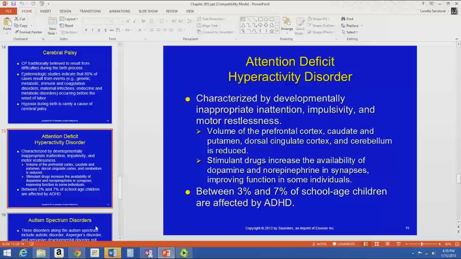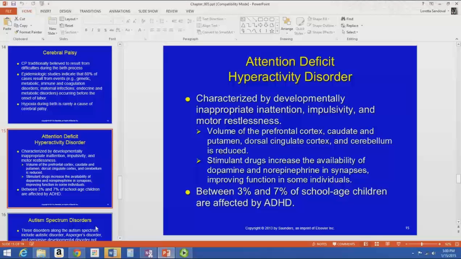So that's interesting. When all that feeds in, there's less dopamine and norepinephrine available for mental function. And so the drugs used to treat ADHD are stimulant drugs, and they work by increasing the availability of dopamine and norepinephrine in the synapses. And that improves function for some people. So I thought it was pretty interesting that between 3 and 7% of school-age children are affected by ADHD.